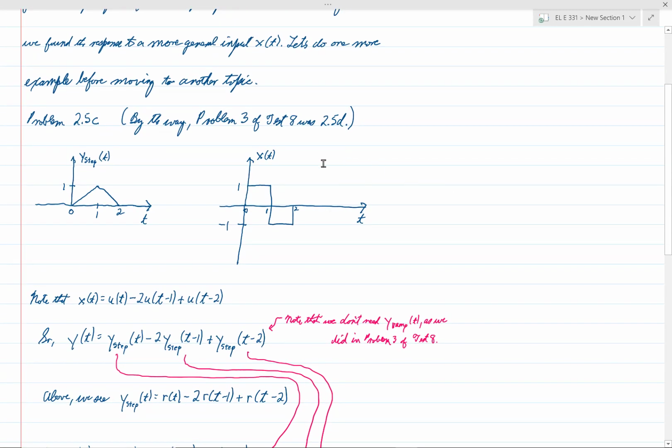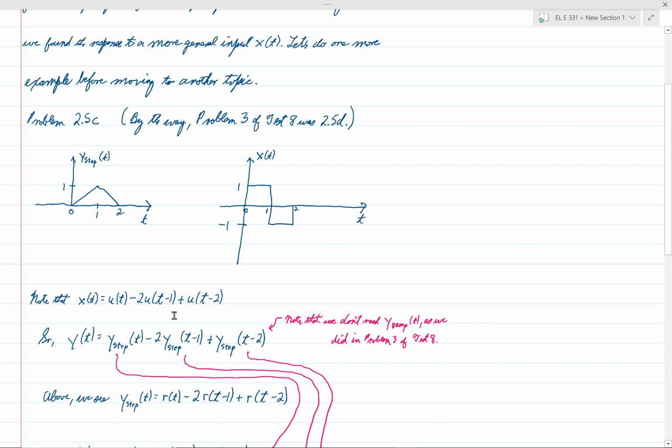Okay, well, the first step is to express x of t in terms of singularity functions. And I hope that when you look at this graph, you can see that, moving from left to right, the first thing we see is u of t, and then that turns off at t equals 1, and we go all the way from positive 1 to negative 1.